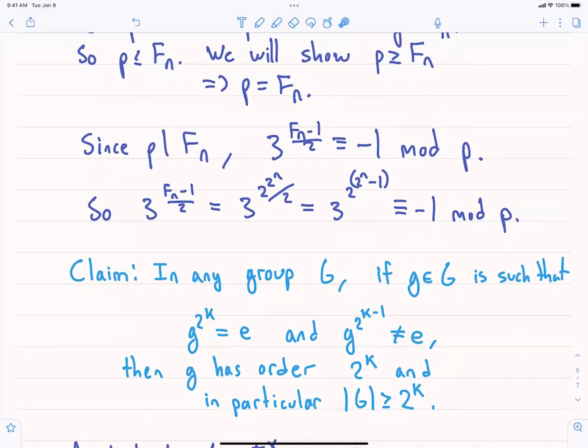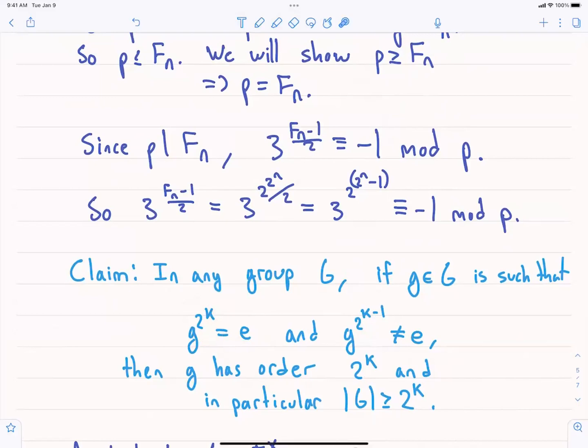Then in fact this element g has order 2^k. So that means 2^k is the smallest power of g such that you get the identity.